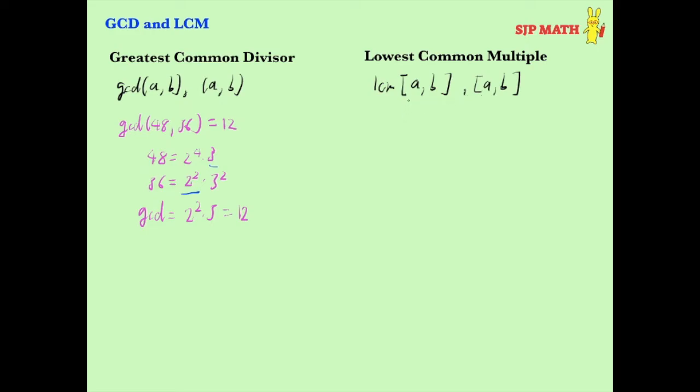For example, to find the LCM, let's say we want to find the LCM of 4 and 6. What we do for this is list the multiples of 4 and 6 in increasing order.